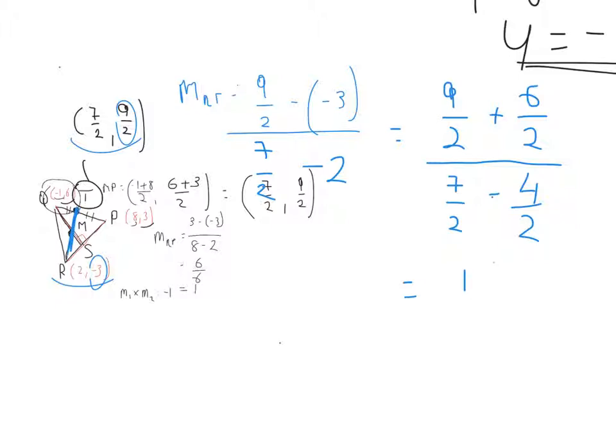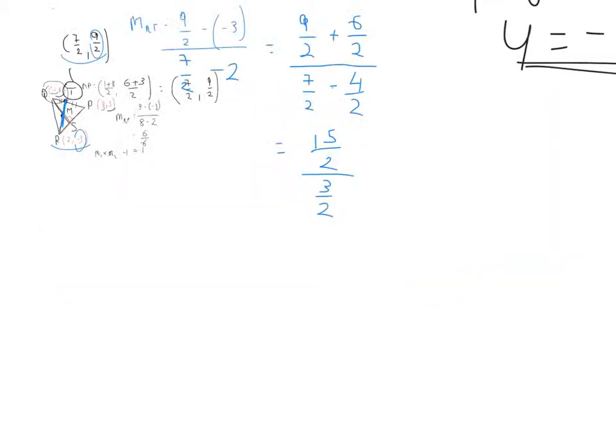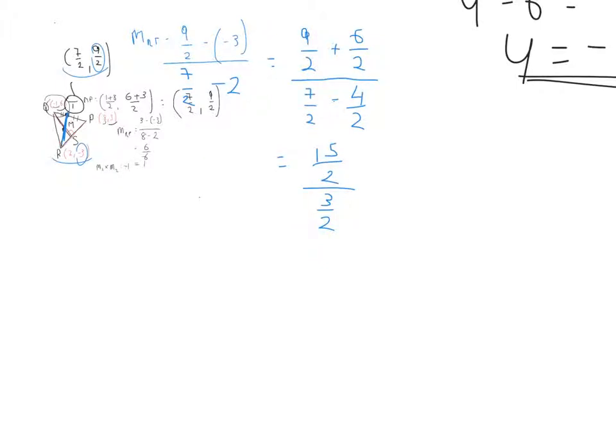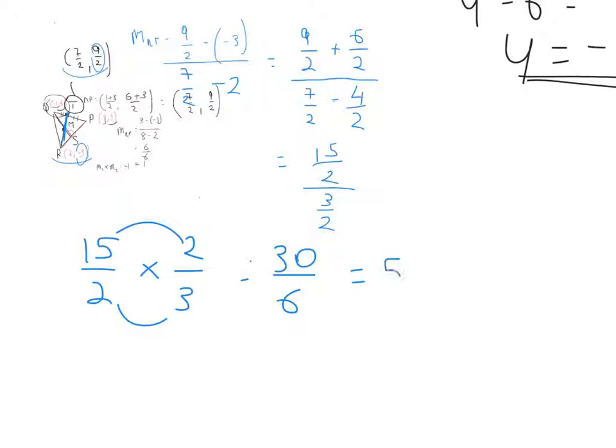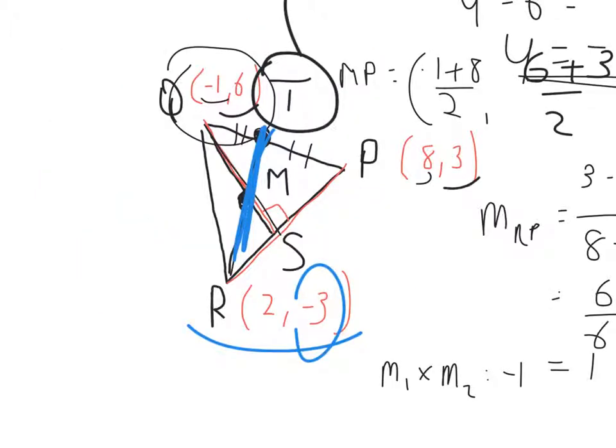So 9 over 2 plus 6 over 2 is 15 over 2, over 7 over 2 minus 4 over 2, which is 3 over 2. That's then 15 over 2. I'm going to change the divide to a multiply, flip the second fraction upside down, and that will give me 30 over 6, and the gradient of the line is 5.